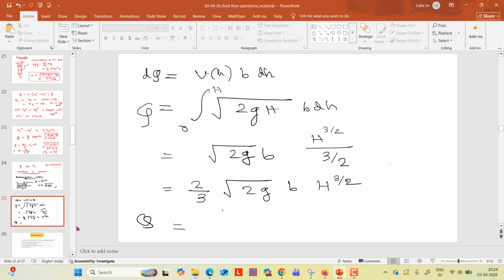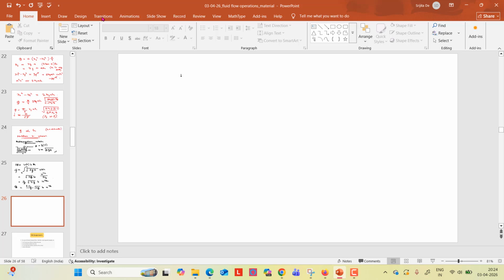Considering the discharge coefficient, it is 2 Cd by 3 root under 2g b h to the power 3 by 2. Okay. Now the relation is, for the rectangular case, q is proportional to the height to the power 3 by 2, and the change of q is proportional to root under h, right?